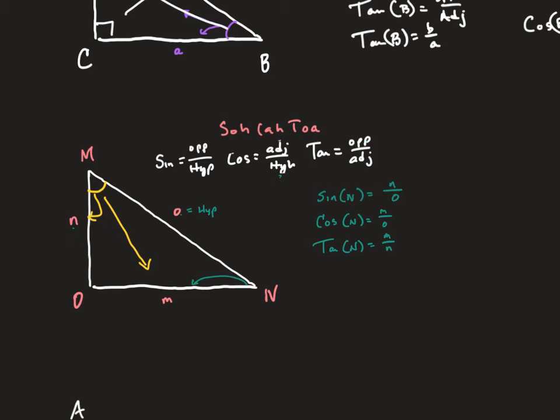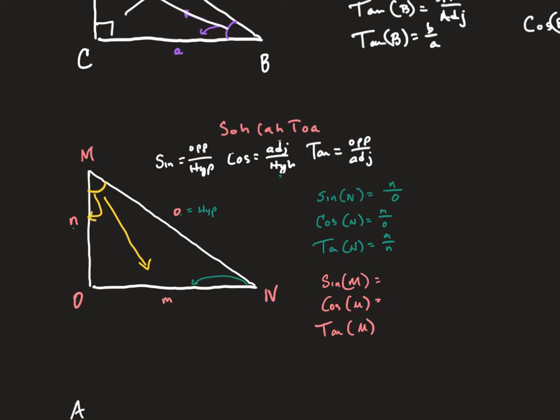So there you go. I'm able to calculate that information just by its orientation. And if we do the same thing for angle M, my sine of M, my cosine of M, and then my tangent of M.